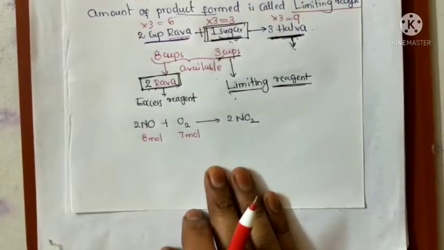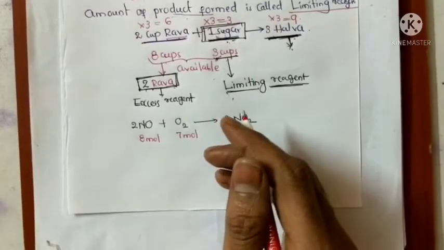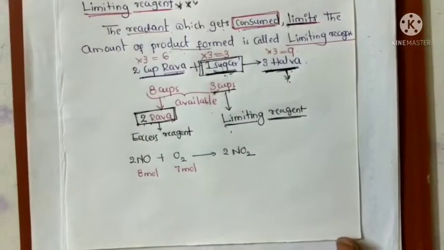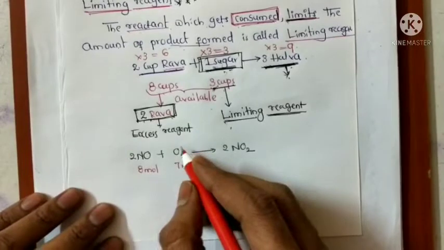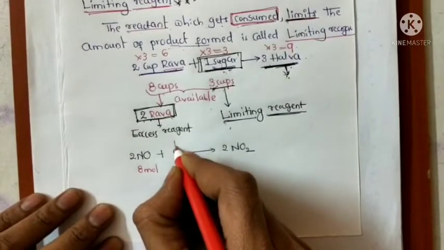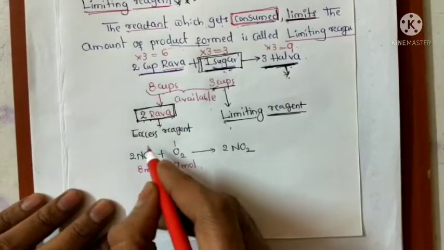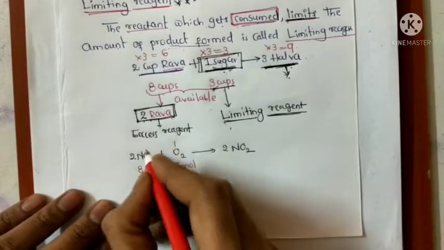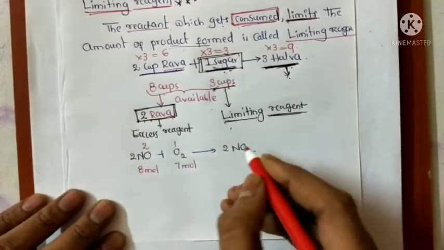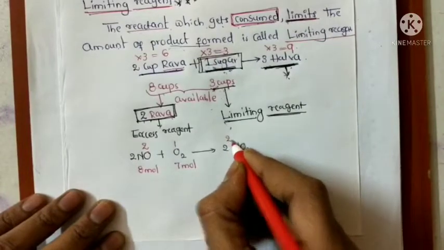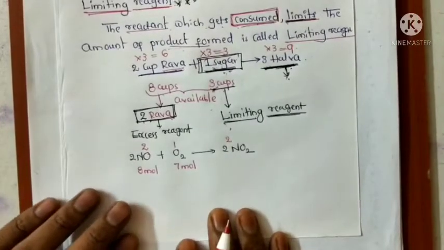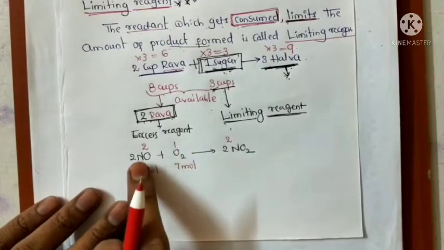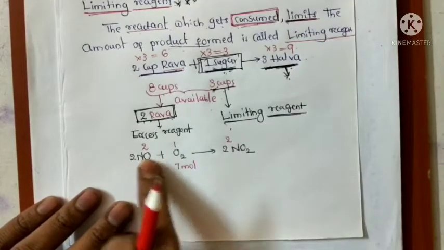Carefully see here: 1 mole of oxygen is reacted with 2 moles of nitrogen monoxide to form 2 moles of nitrogen dioxide. That means 1 mole of oxygen requires 2 moles of NO.